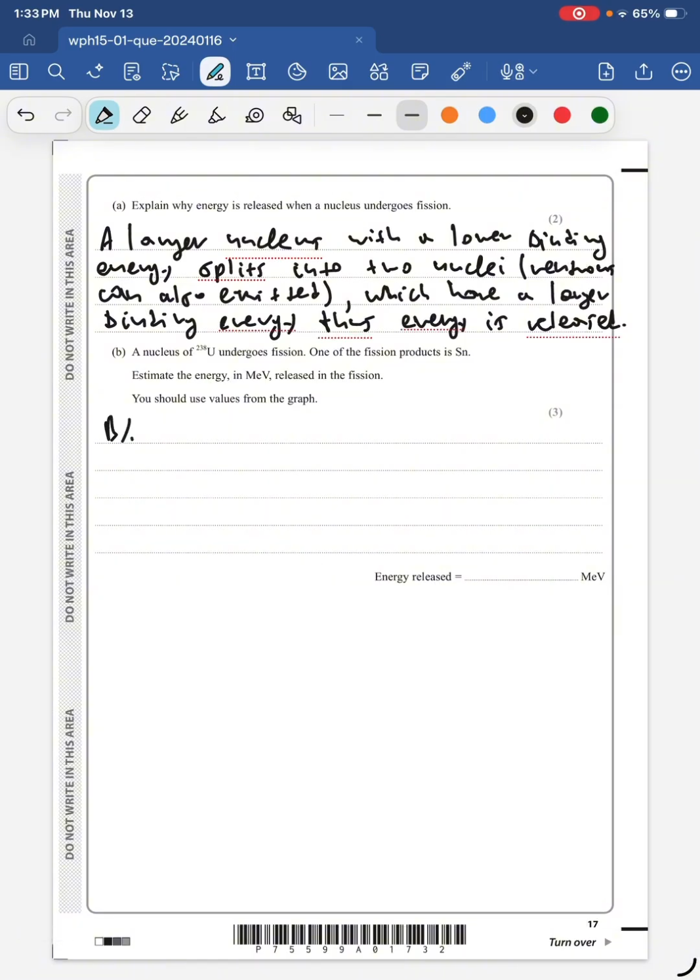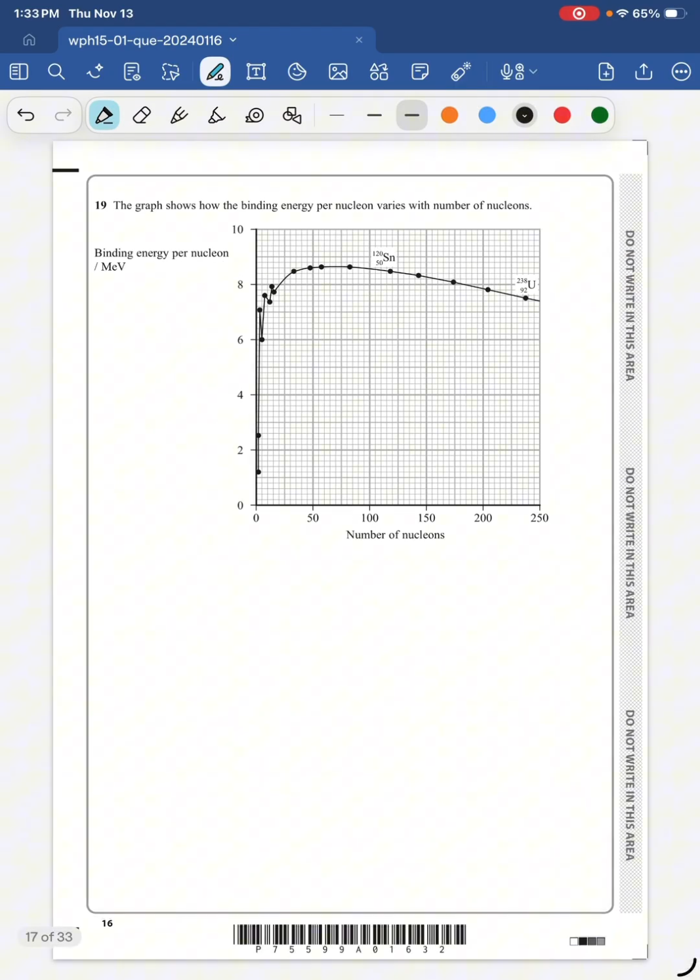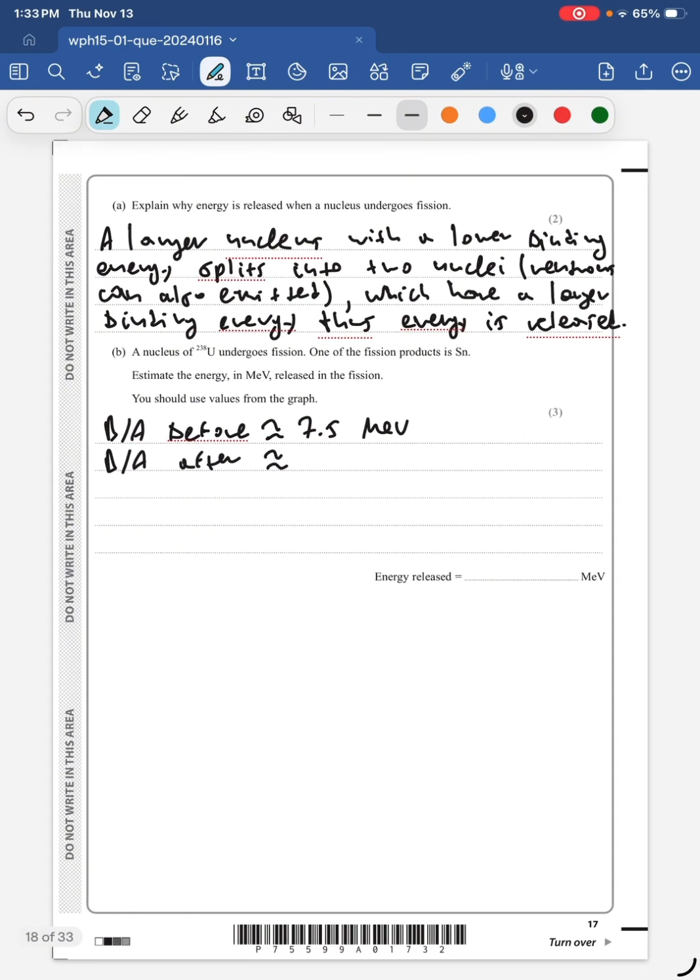So B over A before is 7.5 MeV, and the B over A after the fission is about, it's this one over here, so about 8.5 MeV. So the difference between these two values is about 1 MeV.